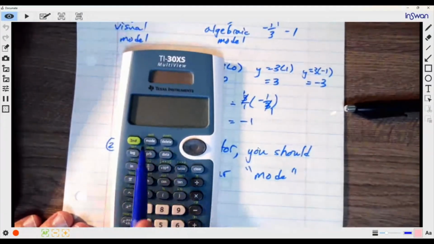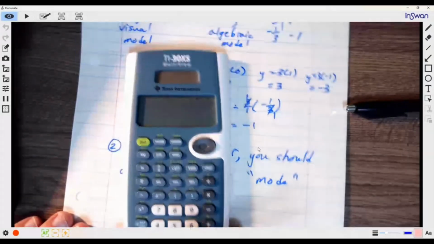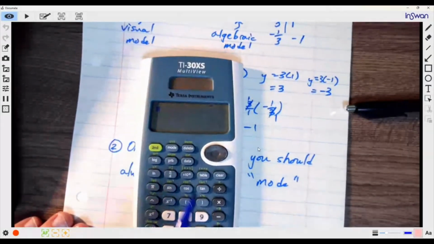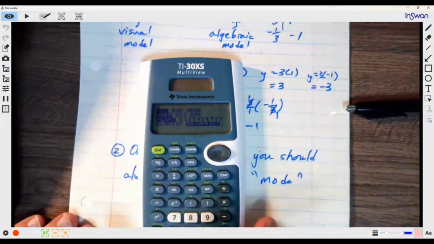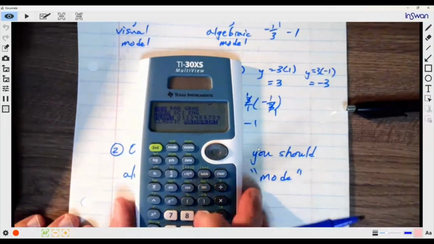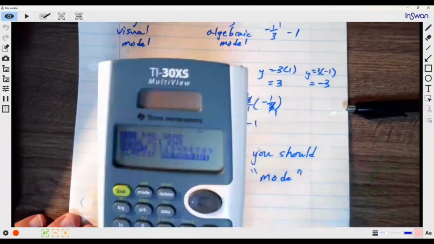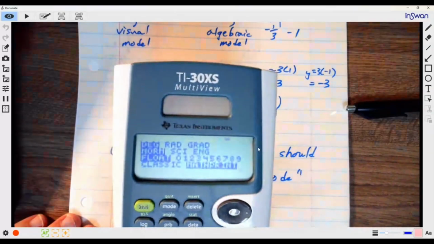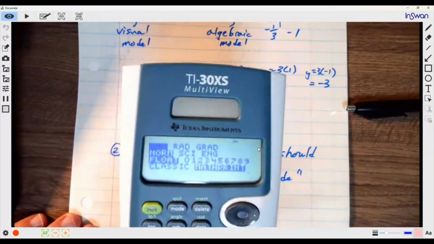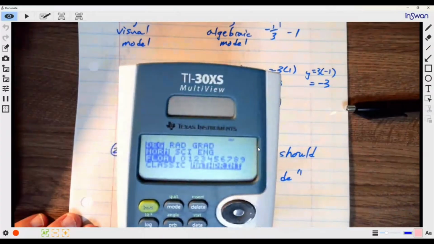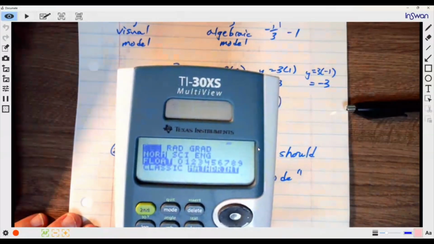Okay, on your calculator, up here at the top, let's turn it on first, is a button that says mode. When you push that button, there are several things on there that you don't really need to worry about. The first thing is DEG, RAD, GRAD. That has to do with angles. For anything y'all are going to do, you leave it on degree.